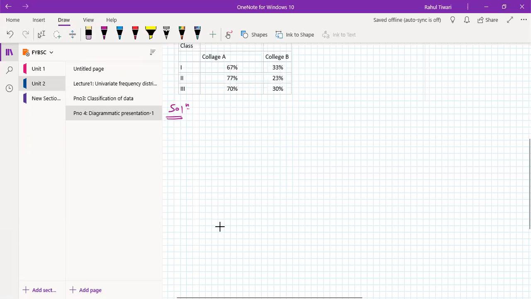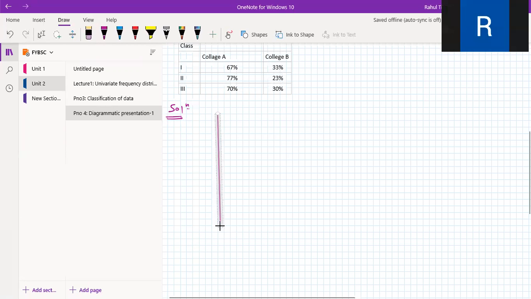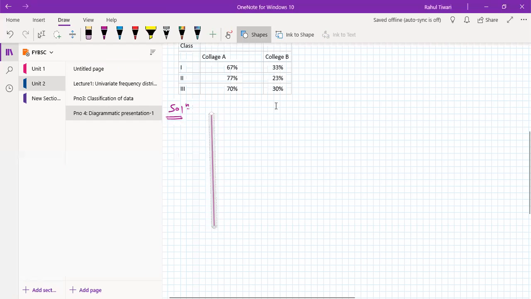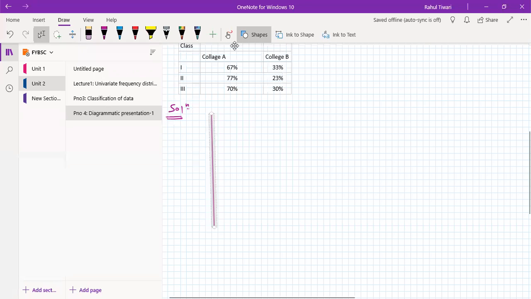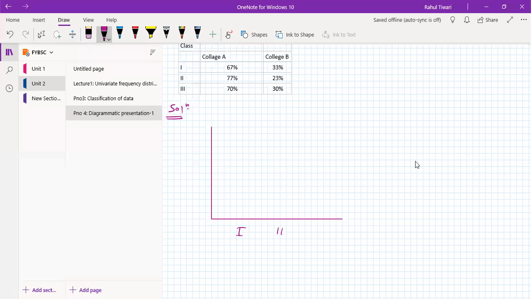I have this data, and we have class 1, class 2 and class 3. So this is 100%.